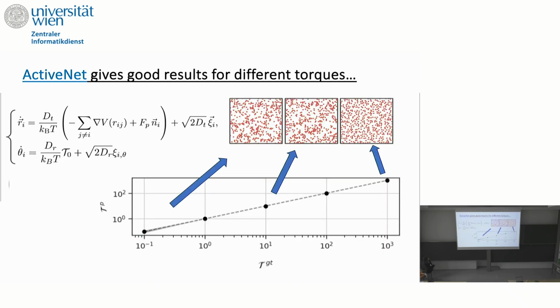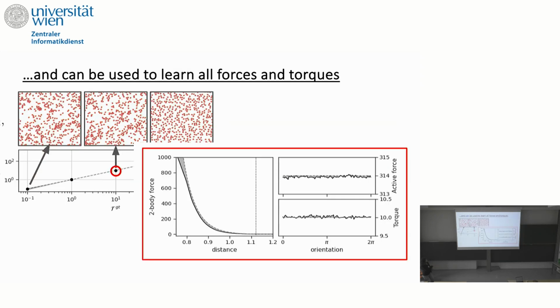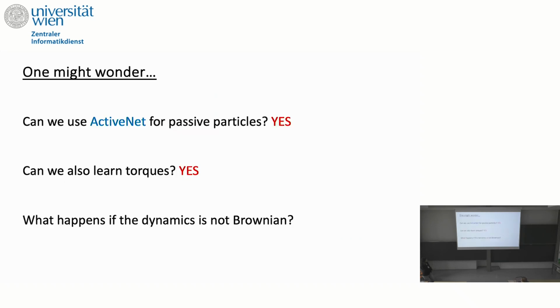And again, we can minimize the loss function, this time of the angular velocity. We tested the method for different values of the active torque, and we always got a slope 1 line. So we recovered the measured torque. And so ActiveNet can be used not only to predict two-body forces, but also to predict active forces and active torques.